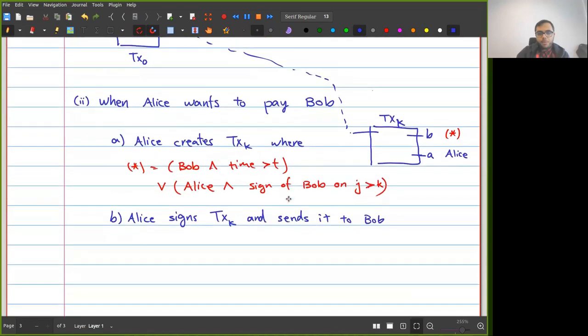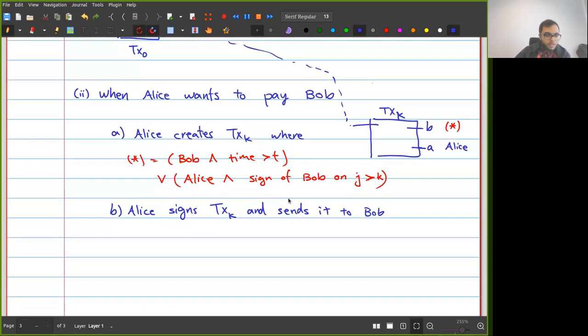But what happens when Bob wants to issue a refund? So when Bob wants to refund, first Bob tells Alice how much he's willing to refund.